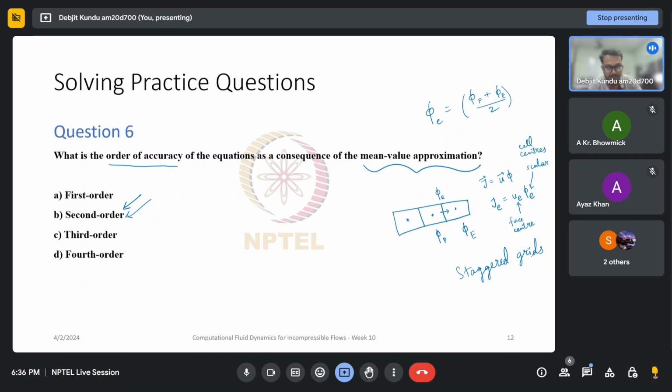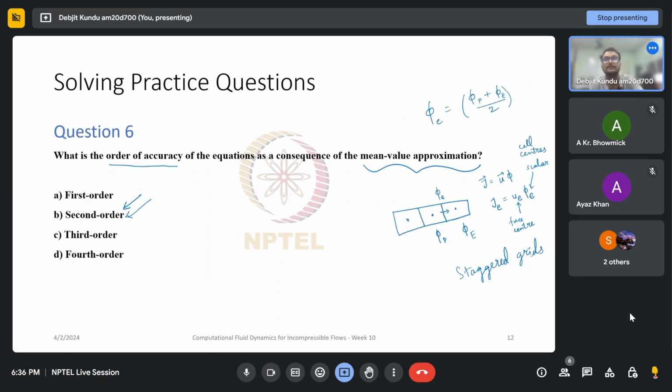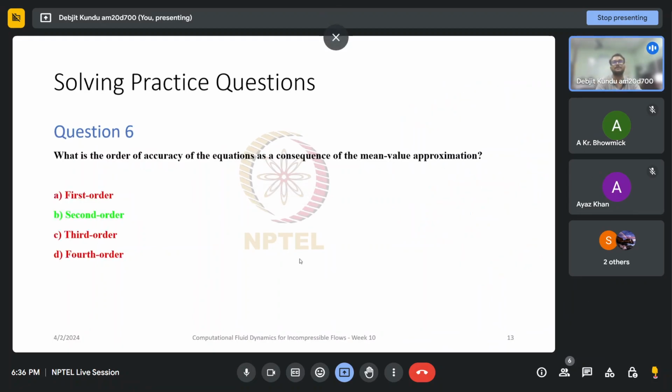So all our responses so far have been in favor of option B, second order. So let's have a look at the solution. It is actually second order. This can be shown by Taylor series expansions. It's a bit of a long derivation, I'm not doing it here.